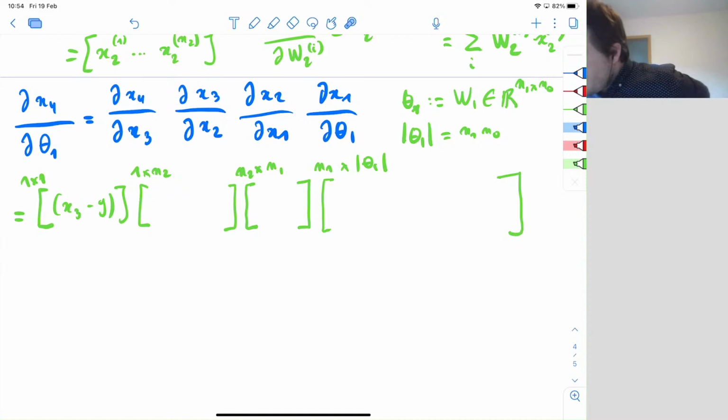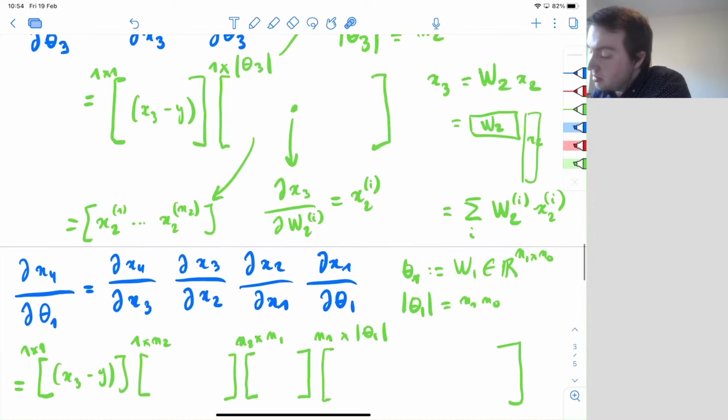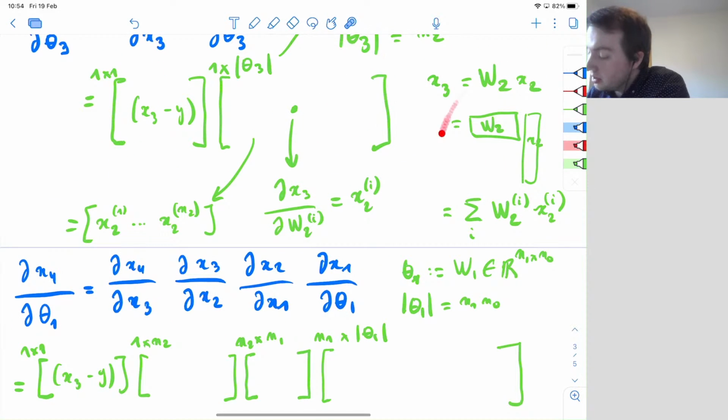All right. So this bigger expression: the first factor is the same as before. For the second factor, we can apply the same kind of computation to compute x3, except that now we want the Jacobian of x3 not with respect to W2, but with respect to x2.